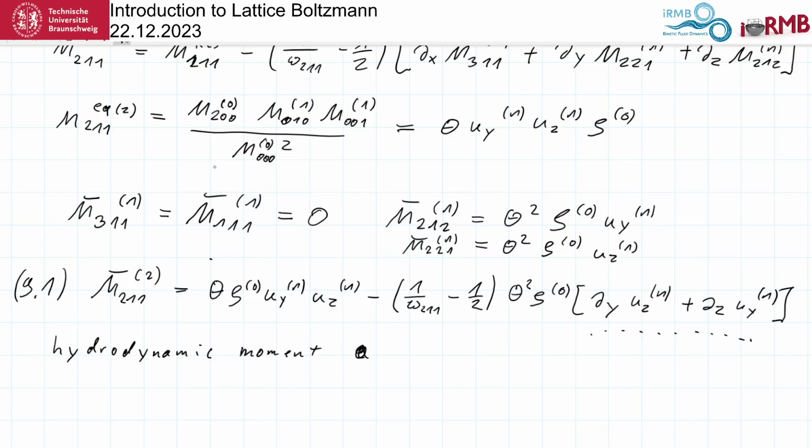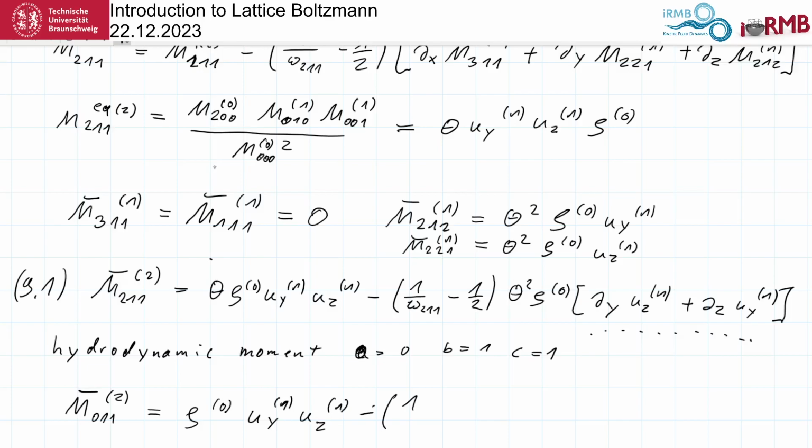Specifically if we put A equal to 0, B equal to 1, and C equal to 1, then we have the hydrodynamic moment M011. So this is a guy that also exists in 2 dimensions. This is rho 0, so the equilibrium. Uy to the first order, uz to the first order, that's the equilibrium.